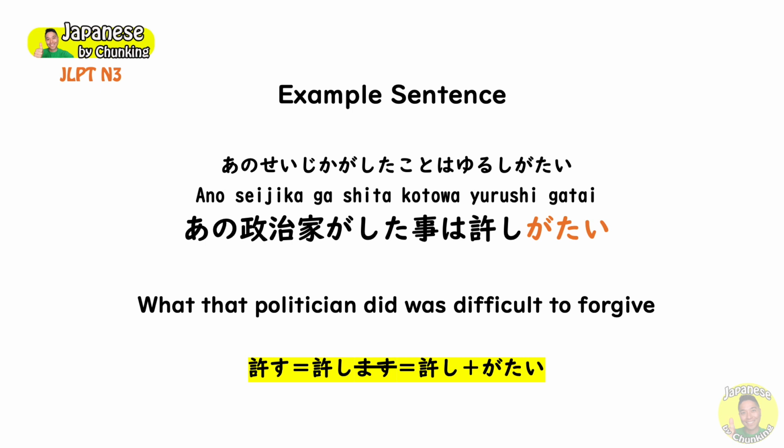So here the verb is 許す。許す is to forgive. ます form is 許します。Take off the ます。許しがたい。あの means that 政治家 politician したこと, so something that he did 許しがたい, so it's very difficult to forgive. What that politician did was difficult to forgive.